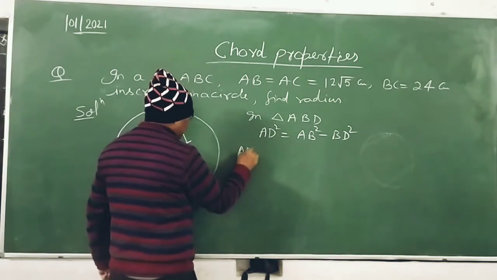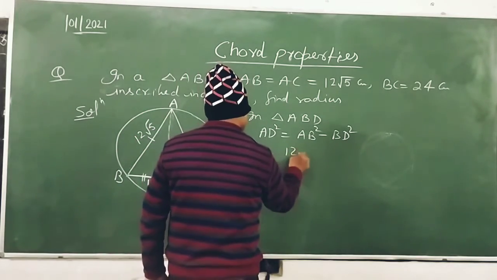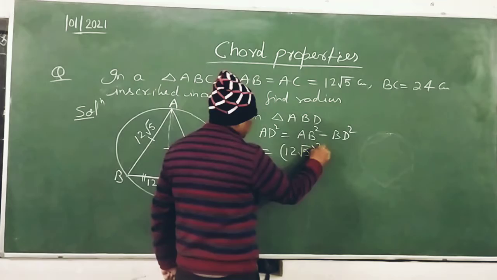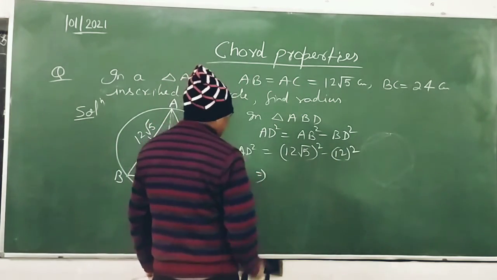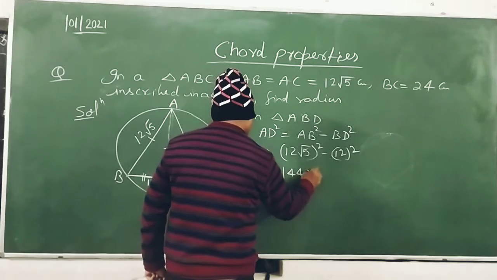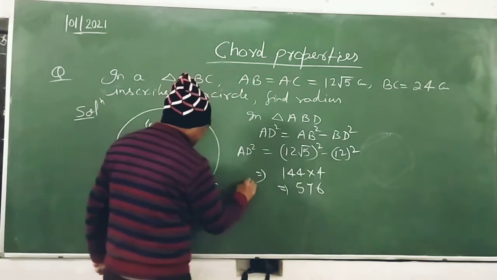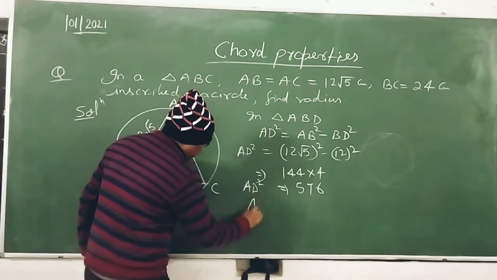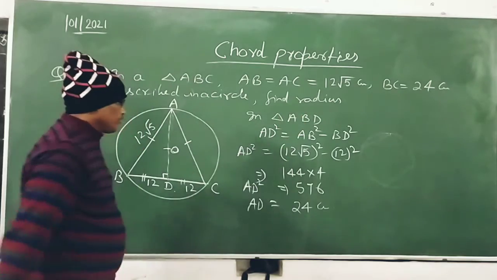So AD square is 12 root 5 whole square minus 12 square. This is equal to 144 into 4, which is 576. So AD is equal to 24 centimeter.